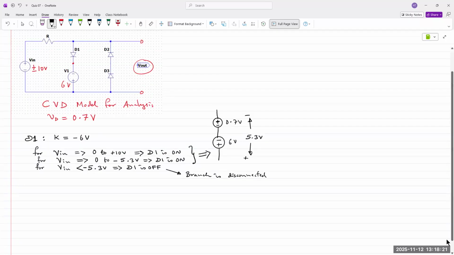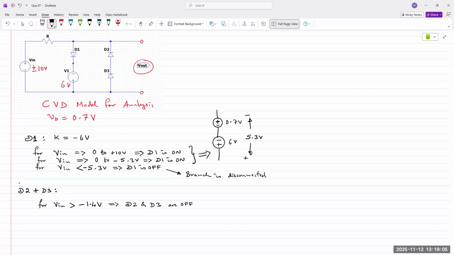So for the second branch, for D2 plus D3, for V in greater than minus 1.4 volts, diodes D2 and D3 are off.